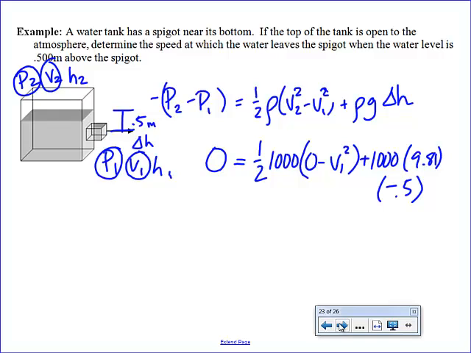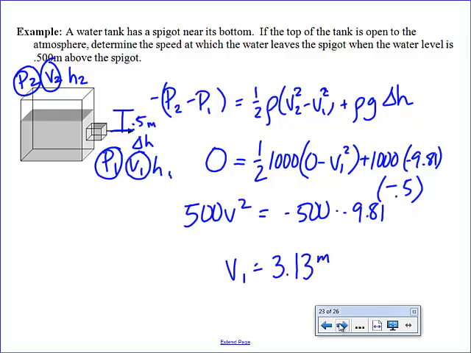So I go through and I solve this. I have 500 v squared equals, whatever this is, 500 times 9.81. And when I solve that, I get that the velocity is 3.13 meters per second.